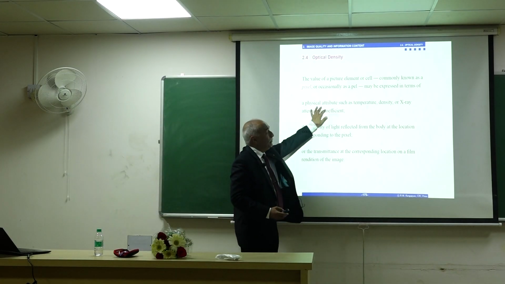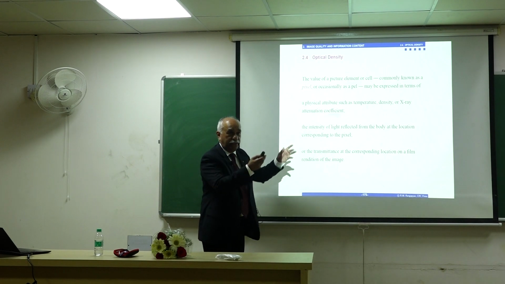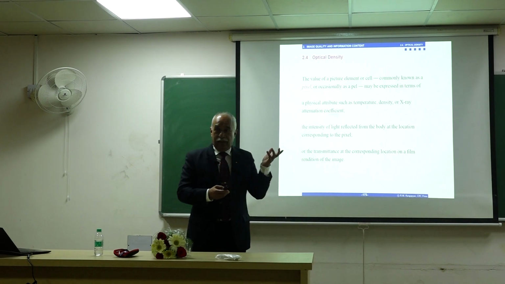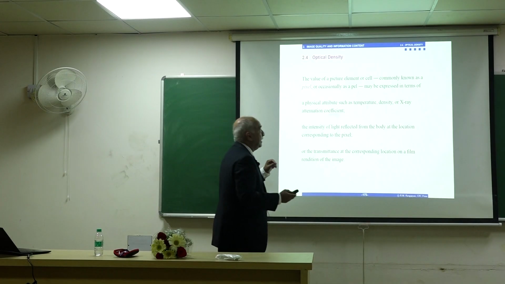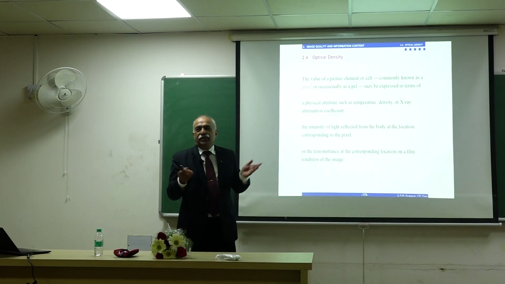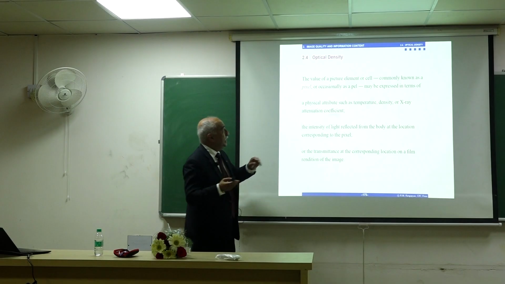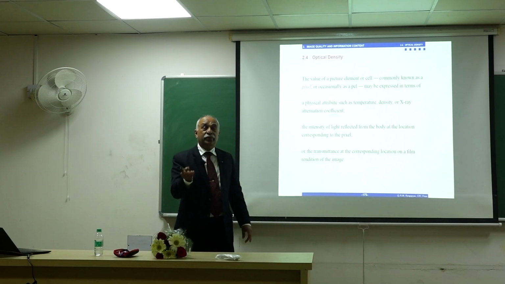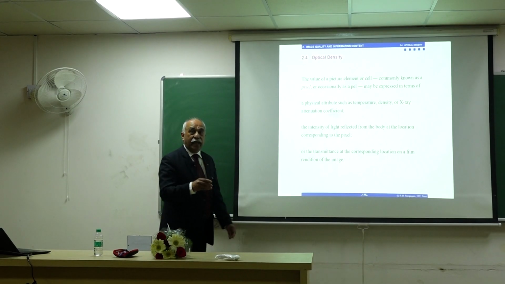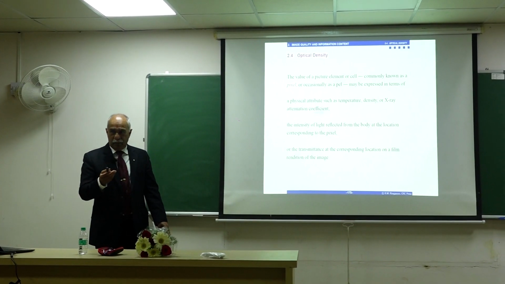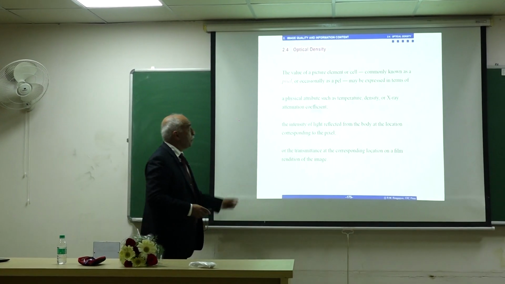So a physical attribute, such as temperature, if you measure using a thermal camera, density, measured using ultrasound or X-ray, or X-ray attenuation coefficient, which is related to density and the frequency or photon energy of the X-rays.